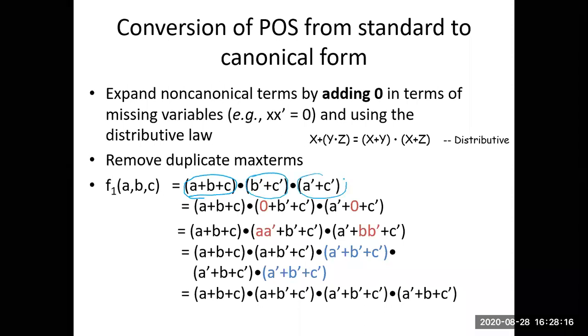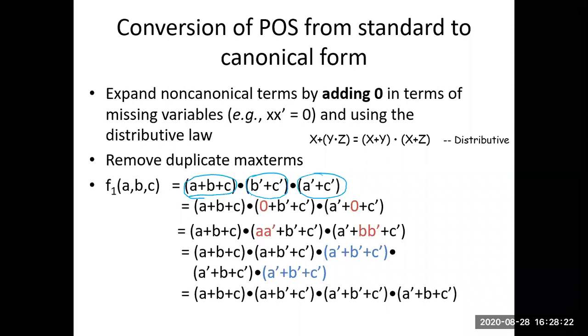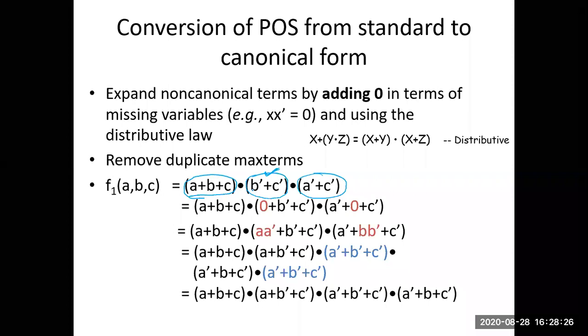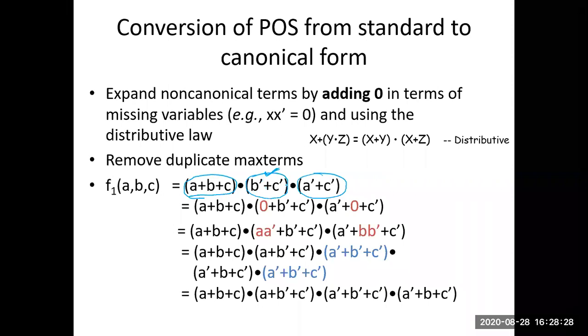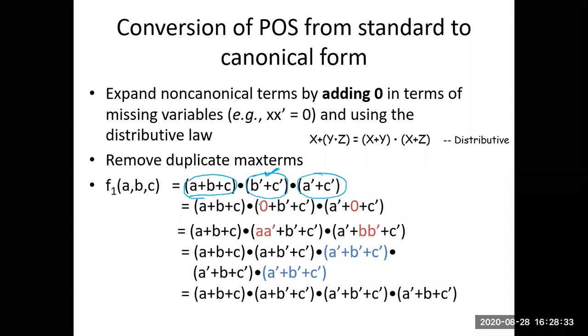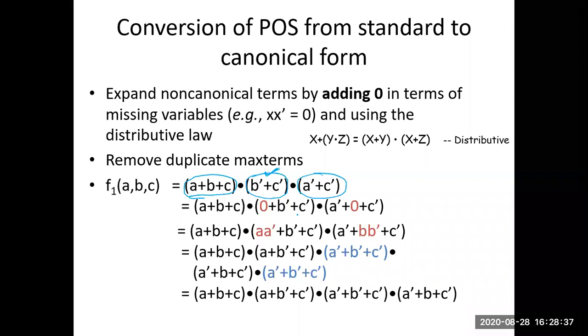In this sum term, B is missing. In the middle one, A is missing. So in place of this expression B bar plus C bar, you write 0 plus B bar plus C bar, because 0 plus Y is Y, 0 plus some expression is that expression.